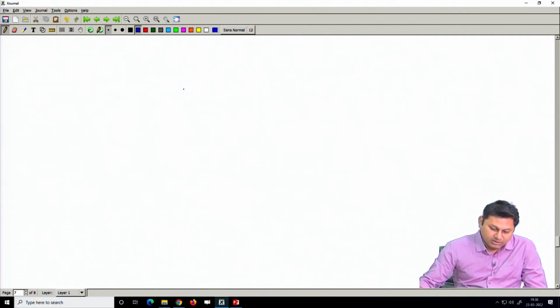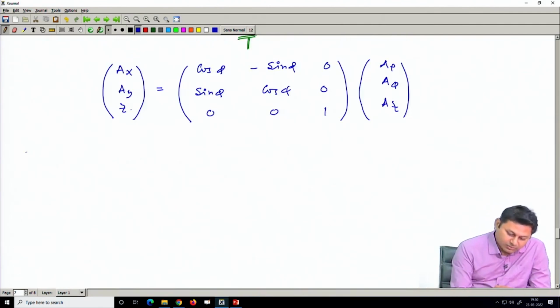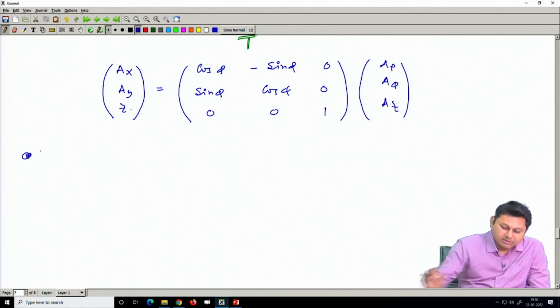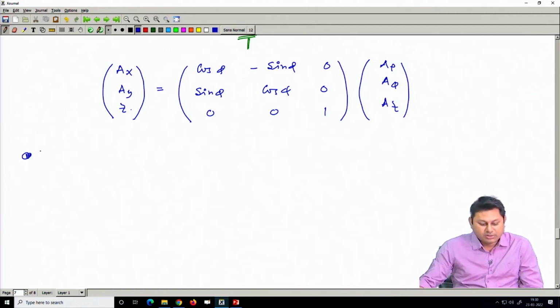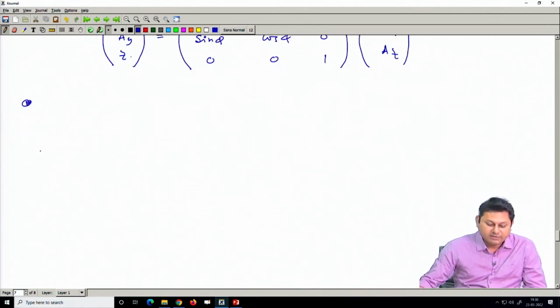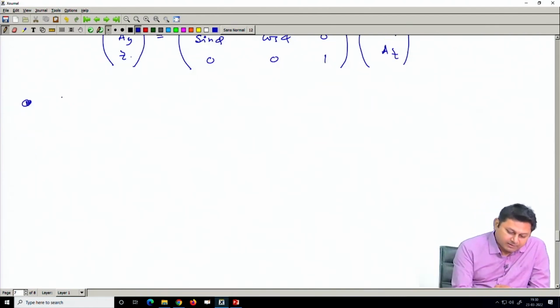So, now we will move to another very important coordinate system in electromagnetic theory, and that is the spherical coordinate system. Let us define it first, and then we will discuss how the vector is defined, etc. So, spherical coordinate.